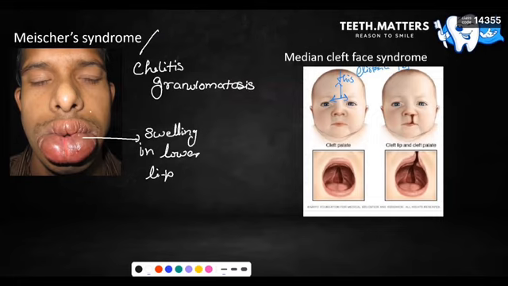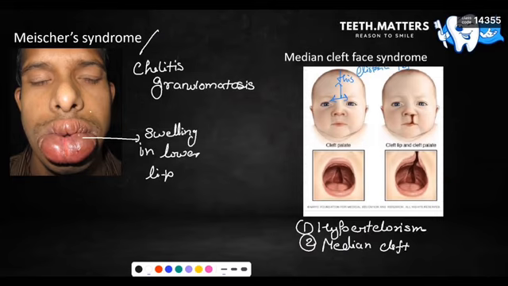Next syndrome is median cleft face syndrome. In median cleft face syndrome, we see hypertelorism. What is hypertelorism? In hypertelorism, the distance between the inner canthi of the eyes increases. We see median cleft of the premaxilla and palate.